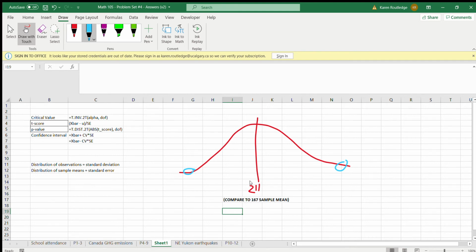As step number 2, we also have to assign a confidence level. So how certain do we want to be in our answer? Confidence levels are expressed in terms of percentages, and those percentages really relate to the area under the curve.